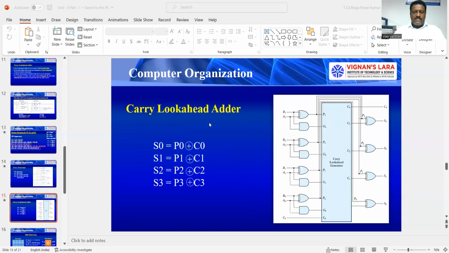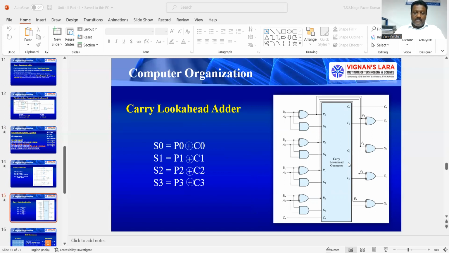And next, this is my carry look ahead adder. This is the carry generator circuit. This is the initial stage of half adders, which are used for generation of my carry propagate outputs as well as carry generate outputs. With the help of them, this carry generator circuit will generate the carries C1, C2, C3, C4. With the help of output XOR gates, I'll get my sum outputs, and the carry generator circuit will produce the final carry out.